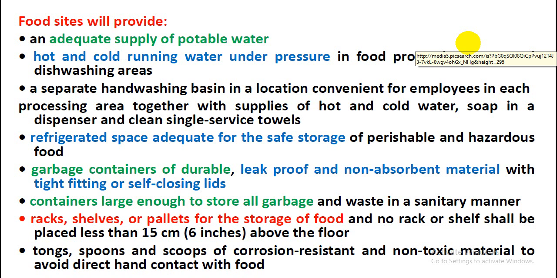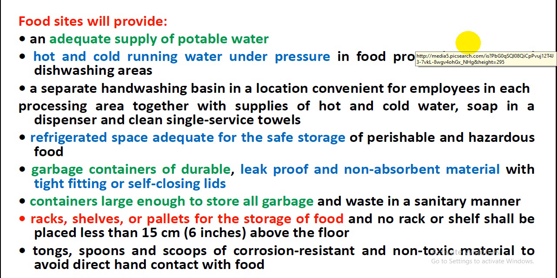I cannot wash the utensils, equipment, the raw materials. For that reason, each food site or plant or factory should have adequate supply of potable water, coming from the municipality water, especially the clean one, or using underground water, the wells.